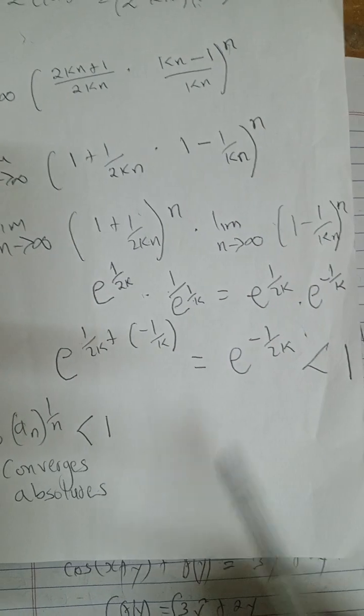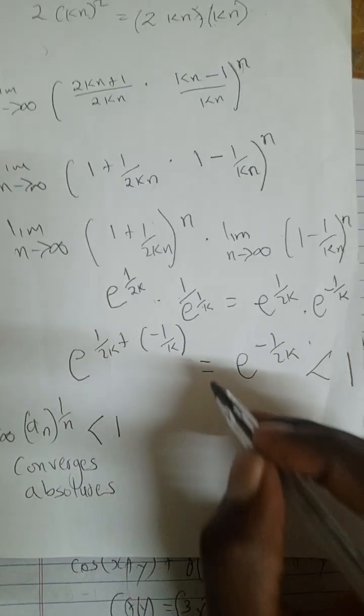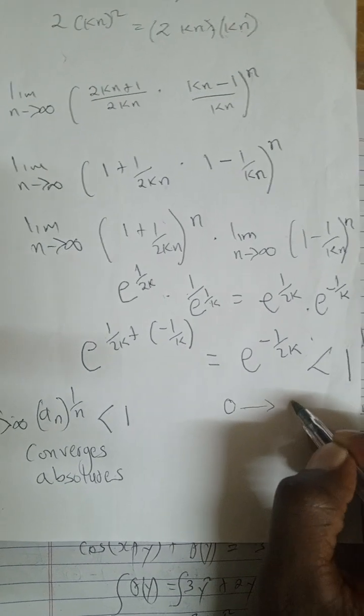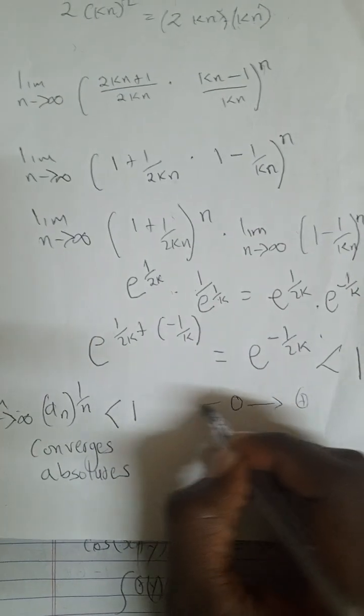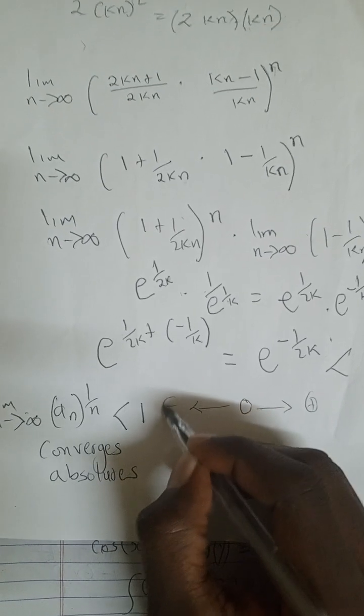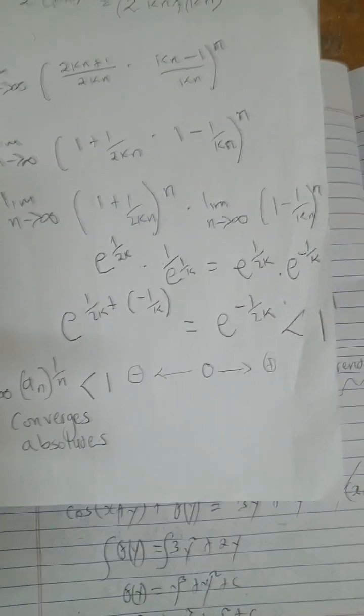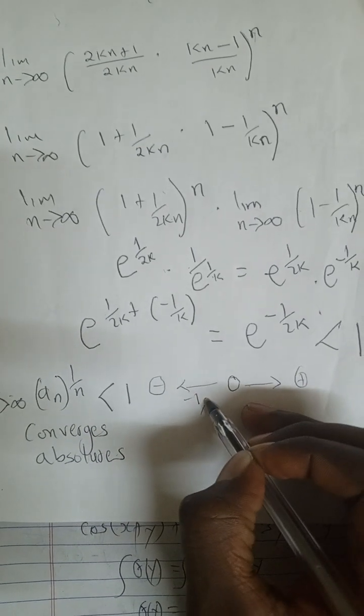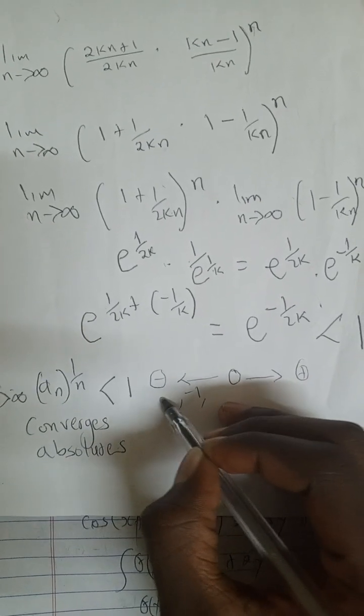Less than 1. Now we are going to be testing for values. This is how I like to do it. I'll put 0. Going this side, we are going to positive values. Going this side, we are going to negative values. Then I'm going to pick any numbers. I'm going to pick -1 and -2.